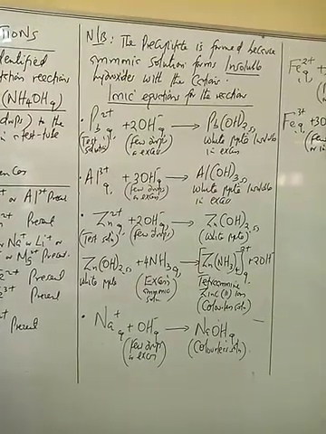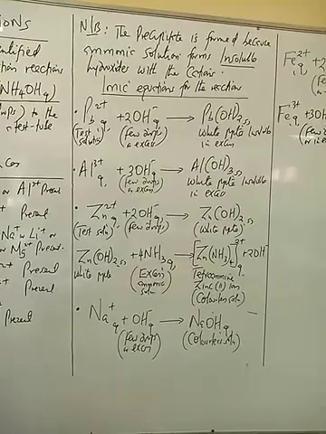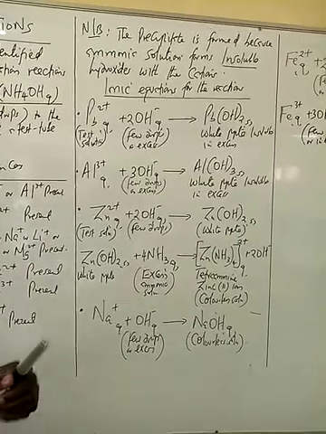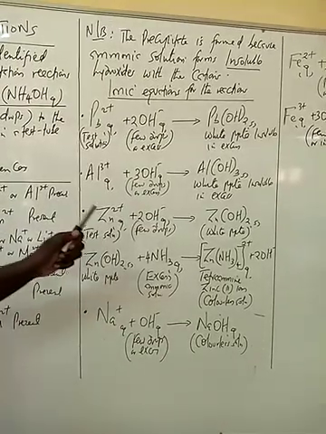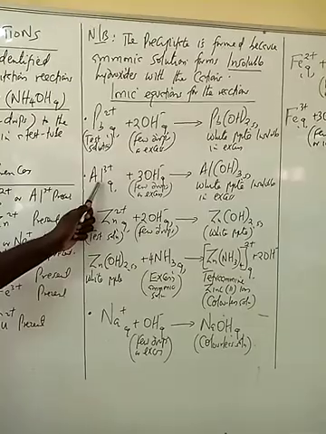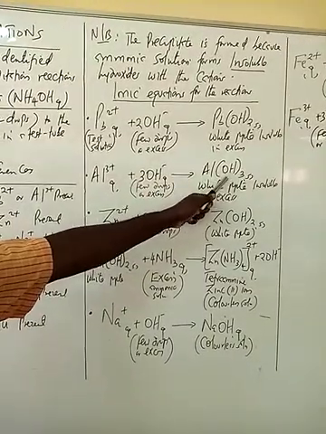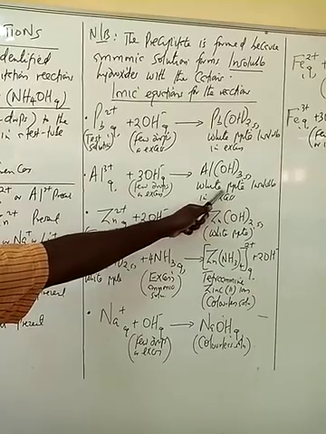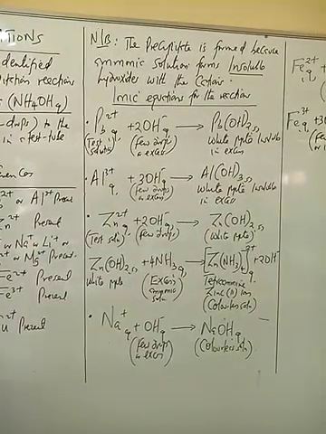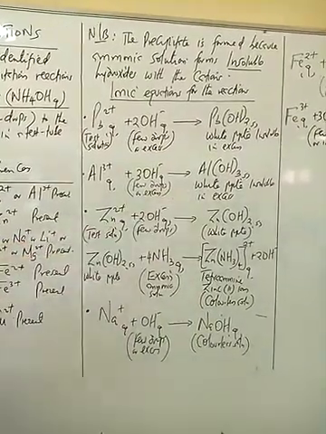The reason why it is insoluble is that it does not form a complex ion. It will only be soluble if a complex ion is formed. The same with aluminium. Aluminium, which is from the test solution, reacts with the hydroxide ion to form aluminium hydroxide. This aluminium hydroxide is insoluble, and it is a white precipitate. So the precipitate here is insoluble in excess.